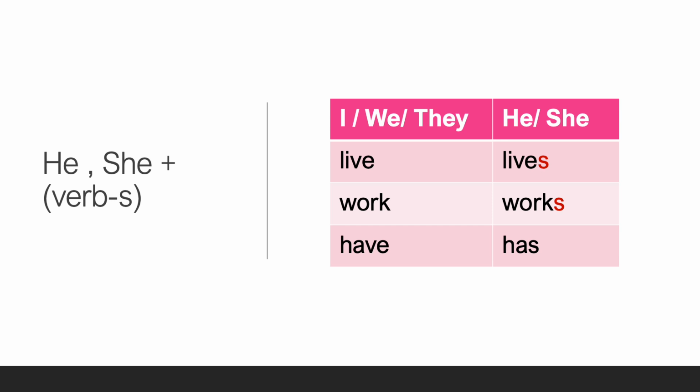I have, we have, and they have. Now, if you change the pronoun to he or she, we will add S to the verb. So he lives, she lives, he works, she works, he has, and she has.